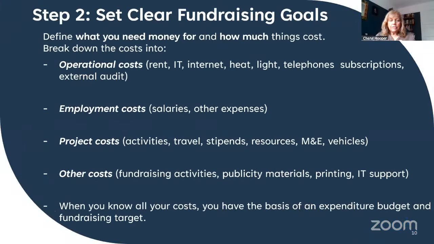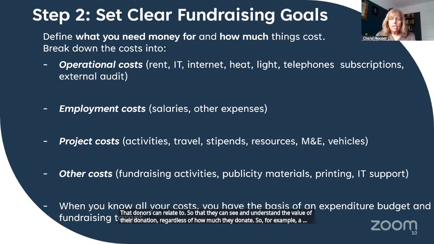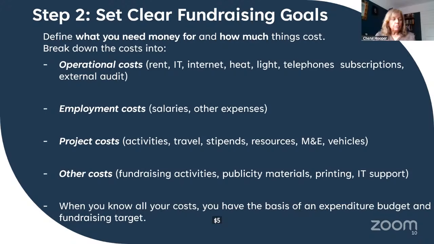The case for support should also contain clear costs that donors can relate to, so that they can see and understand the value of their donation regardless of how much they donate. So, for example, a small donation: $5 buys a vulnerable child lunch for a week, $10 buys a school uniform, and so on.